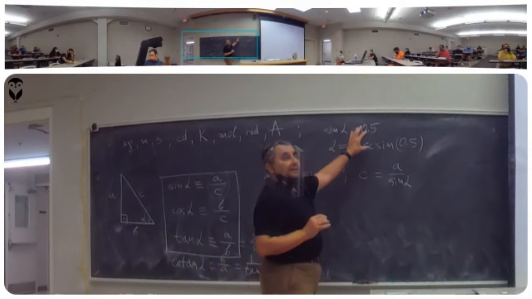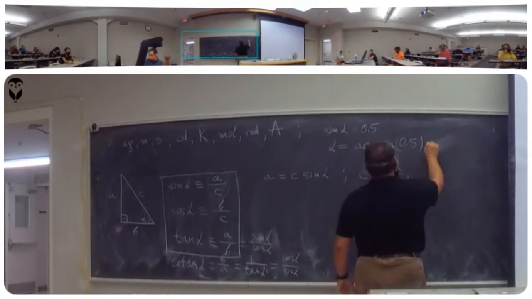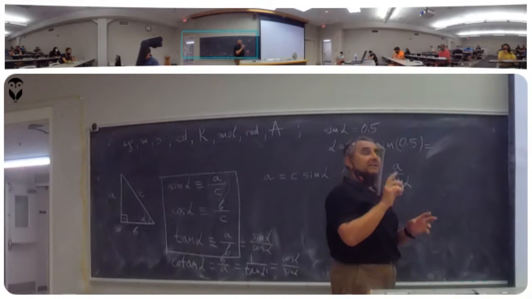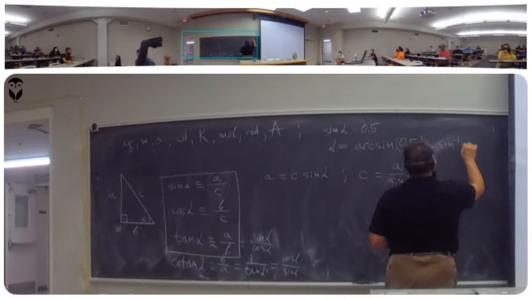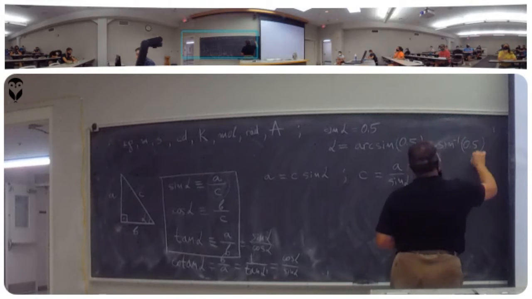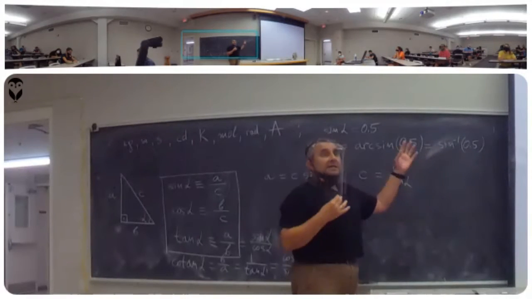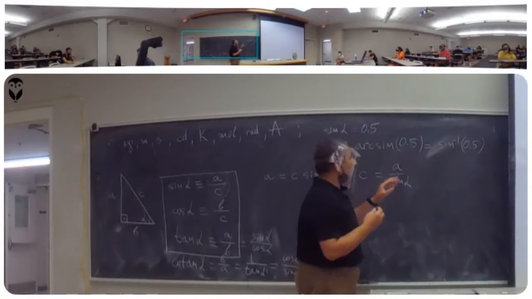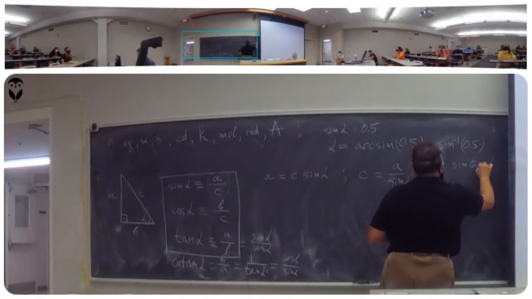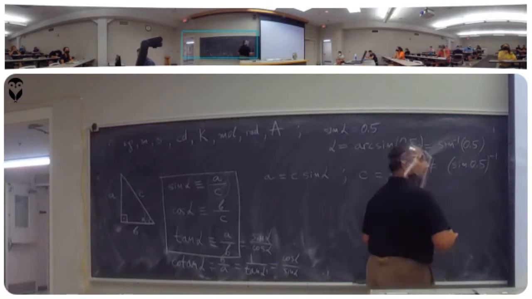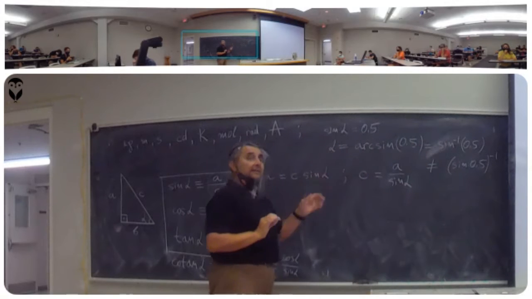The correct notation for inverse sine is arc sine, but on your calculator, the key that calculates the inverse sine is denoted with sine to the power -1. This is confusing mathematically, because it is not equal to sine of 0.5 to the power -1. This notation just means arc sine.